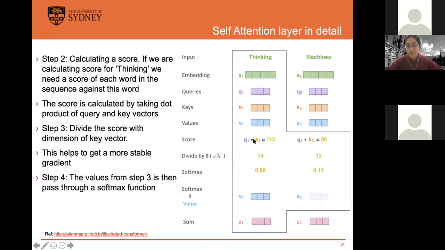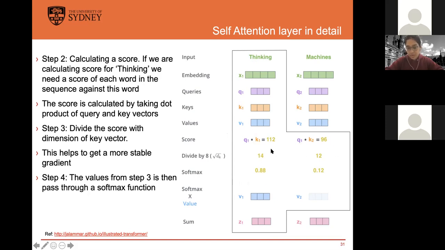So the score for thinking with itself is say 112. The score of thinking with machines is 96. So that's how it goes. After you divide by the square root of the dimension, you get this number, and then you pass it through a softmax function.